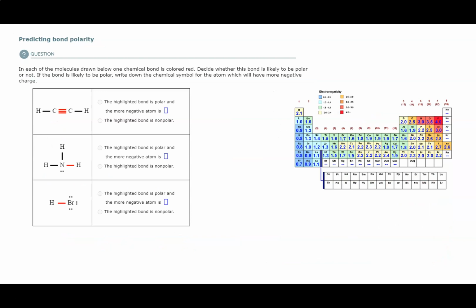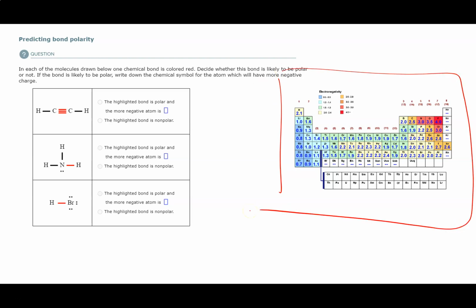Okay, so this problem is all about predicting bond polarity. So what are we going to do? We're going to look at the two atoms that are in the bond, and we're going to look at the electronegativities of those atoms in the periodic table and decide, is there unequal sharing of electrons, and if so, what is the more electronegative atom? We have two options for each case.